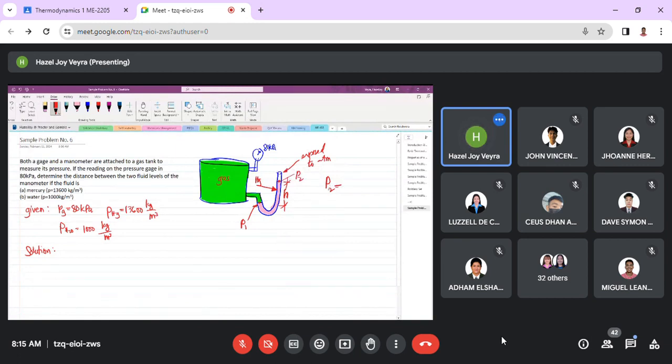P2 gauge. Anyone? What's the pressure here? This is exposed to the atmosphere.